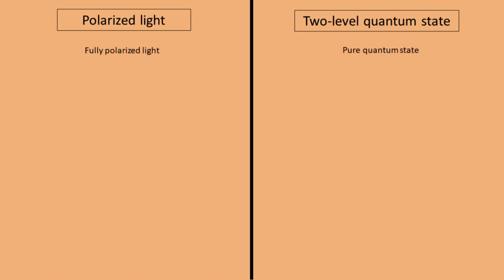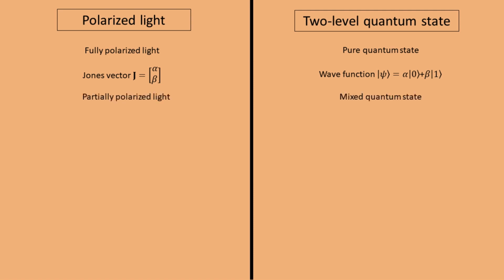Light that is fully polarized would in quantum parlance be described as a pure quantum state. A fully polarized state can be described by a Jones vector, which for quantum states would be a wave function that is commonly denoted as a ket vector. Partially polarized light corresponds to a mixed quantum state.